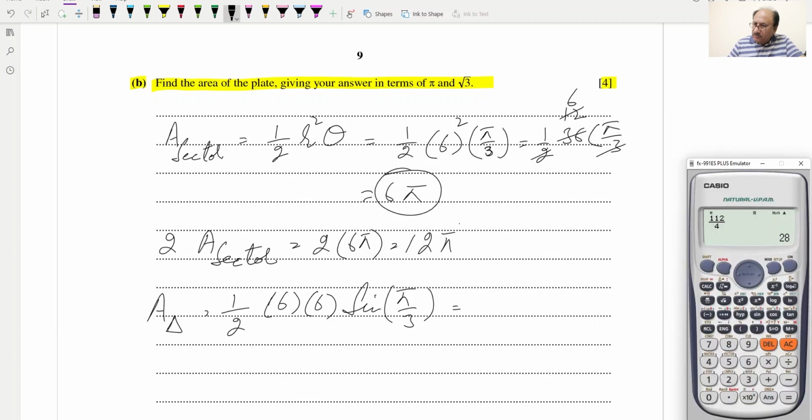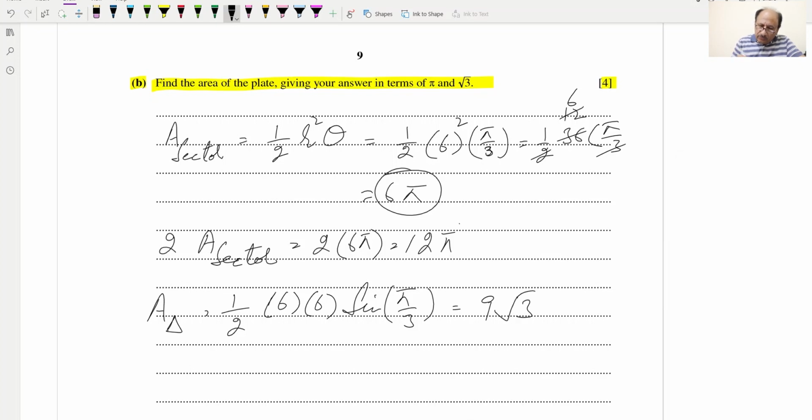This gives 0.5 into 6 into 6 into sine of pi by 3, and your calculator should be in radian mode. My calculator is not in radian mode, I'll have to switch. Now this is giving us 9 root 3.